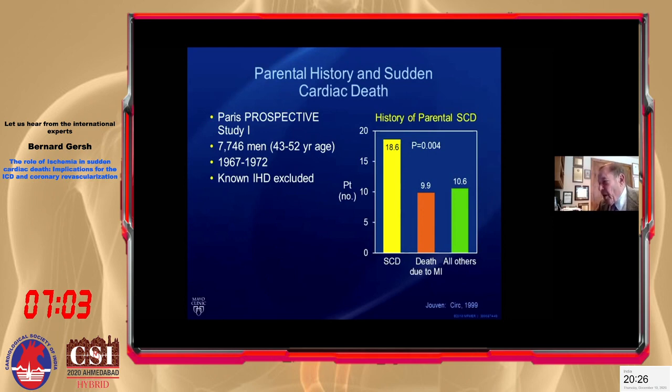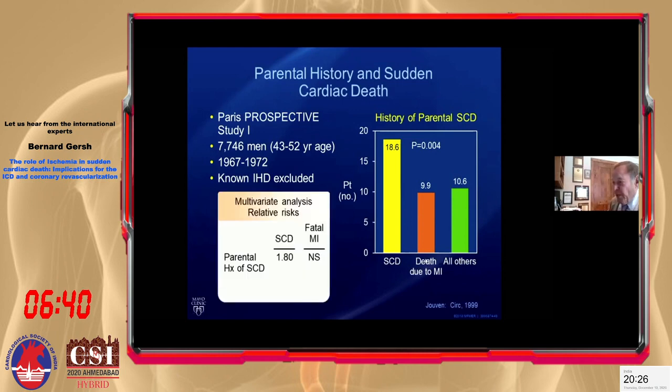And the point I'm making is it's probably the same lesion that causes either sudden cardiac death or death due to MI, namely a ruptured plaque. Some people have a genetic predisposition to respond by fibrillation, and others by death due to myocardial infarction.